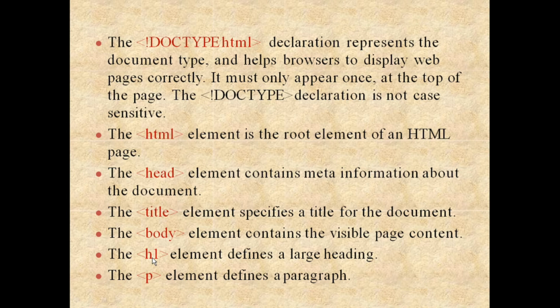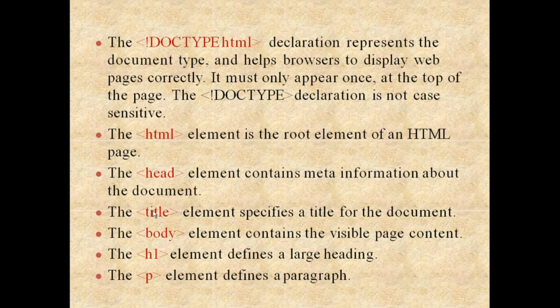So there are 6 headings like that, h1 to h6. A very large heading is h1, a very small heading is h6. Okay, and the last element was the p element. Whatever you write inside the p element will be considered as a paragraph. So these are the very basic elements which we make use of in an HTML document.